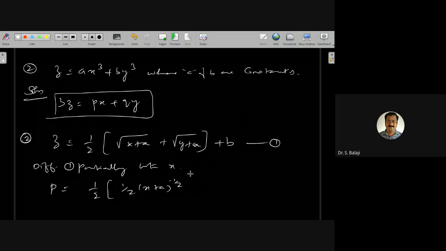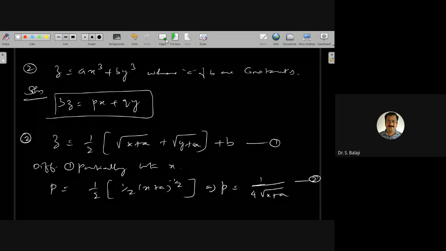Differentiating one more time, p is equal to 1 by 4 of square root of x plus a.